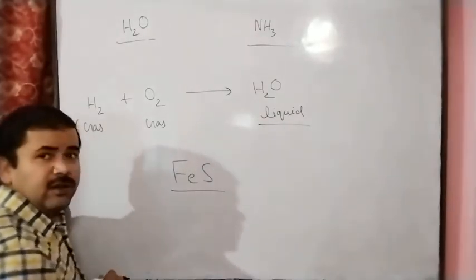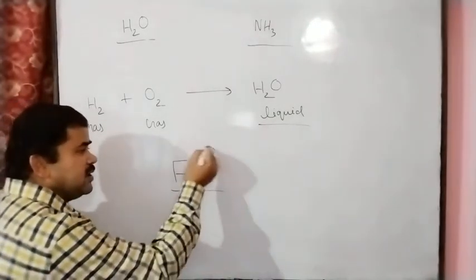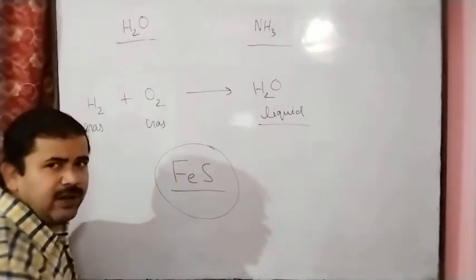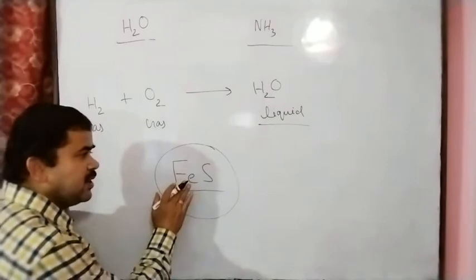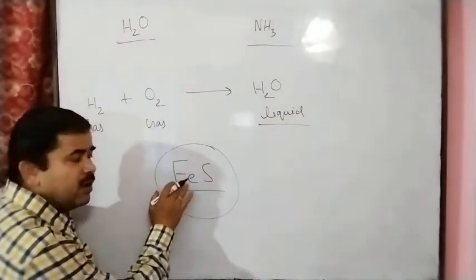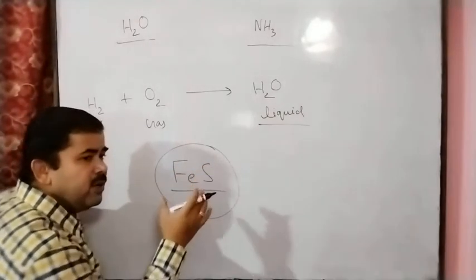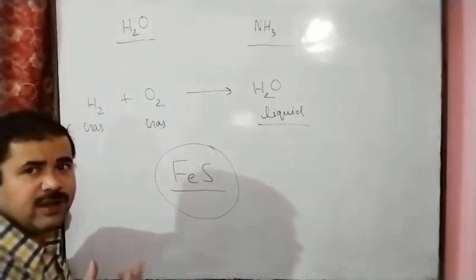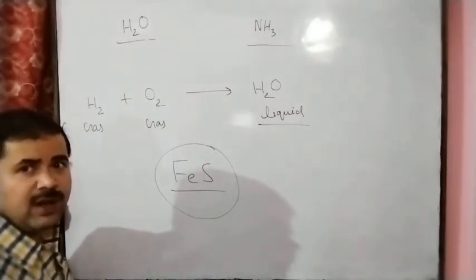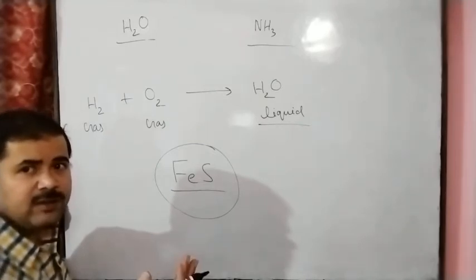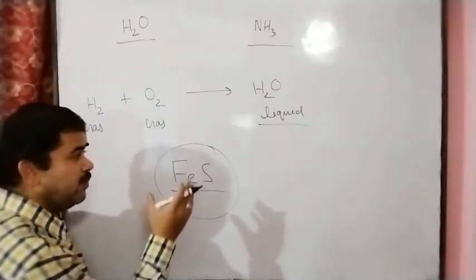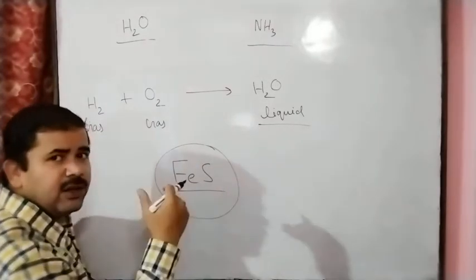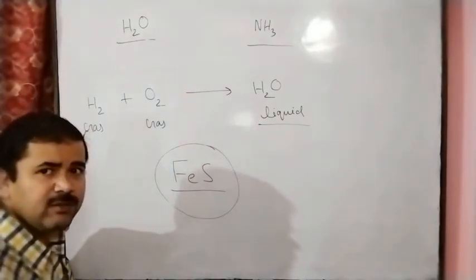But if you take the compound FeS, ferrous sulfide, and bring it near the magnet, no attraction takes place. We know that iron is attracted by a magnet, but with this compound there is no attraction.